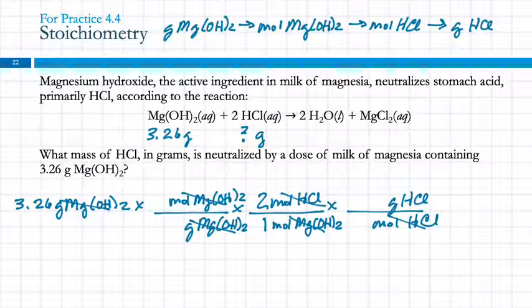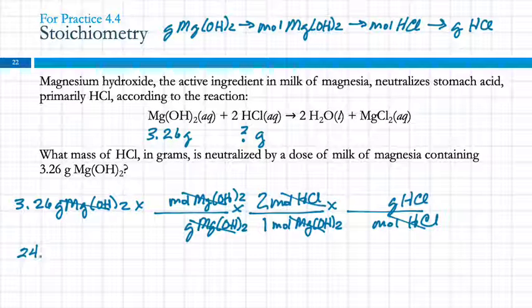And then I need some molar masses. One of the ways we make these problems a little faster on an exam is we give you the molar masses so that you don't have to calculate those on the side. But we're still practicing. So 24.5, well, 24.31, that was close. Magnesium.